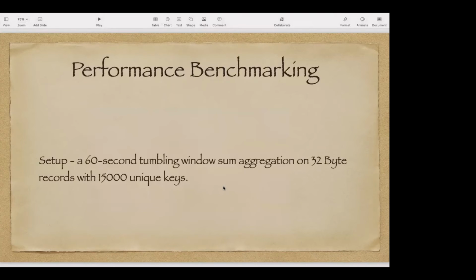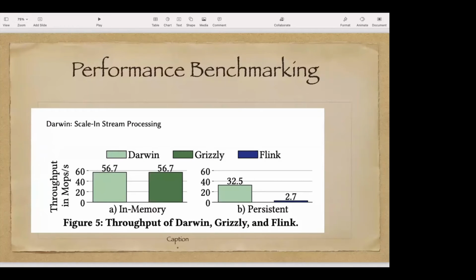The paper also mentions some performance benchmarking. This is the setup they have used: a 60-second tumbling window sum aggregation on 32-byte records with 15,000 unique keys. If we see here, two benchmarks have been done.